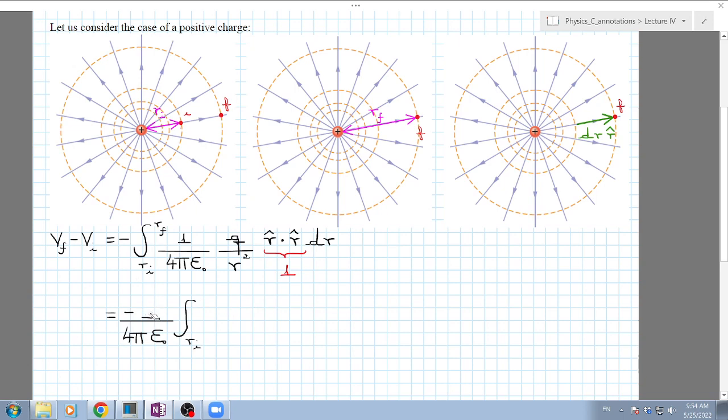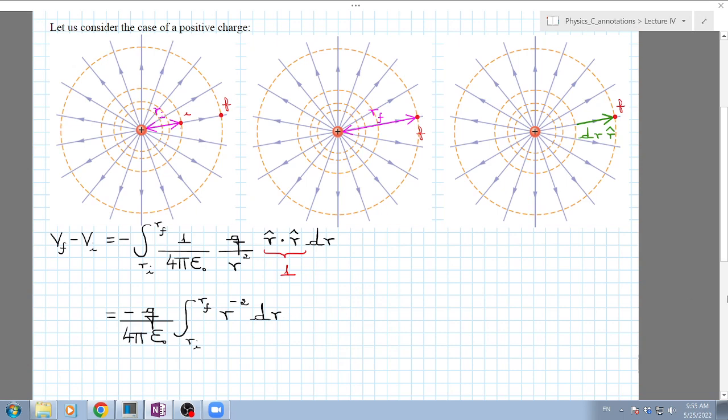Now let's put the charge constant outside of the integral, and r to the minus 2 dr. This is a polynomial, right? You just have to add 1 to the minus 2, and the denominator is minus 2 plus 1, which is minus 1.